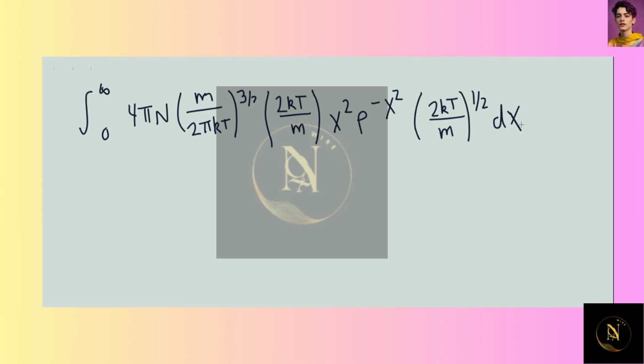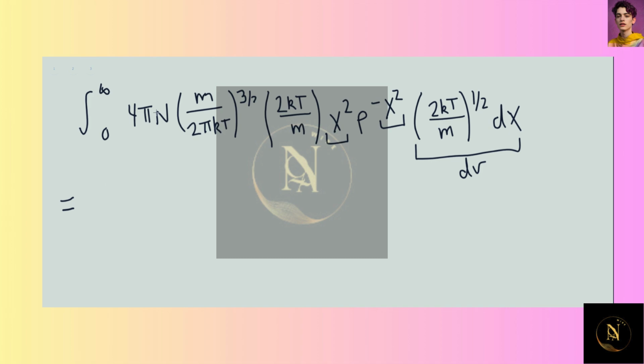So we replaced dv, which is this. We replaced the v squared, which was here. And we replaced the v squared here as well. Now it looks a lot more like the table, so we can actually do the integral.